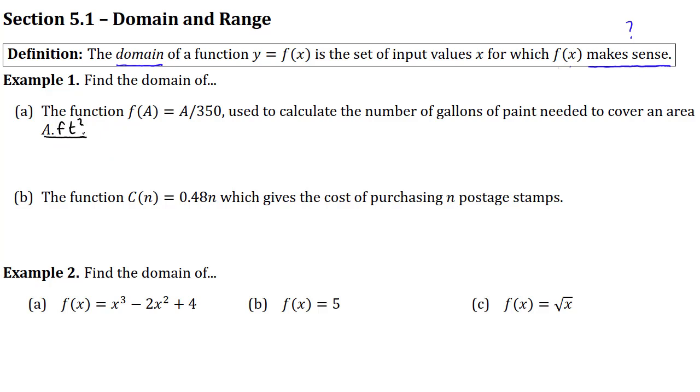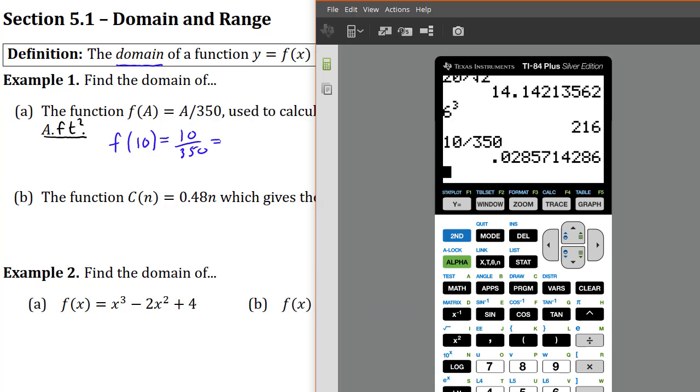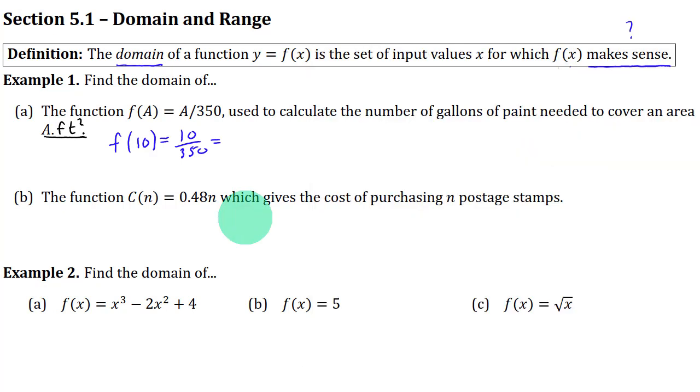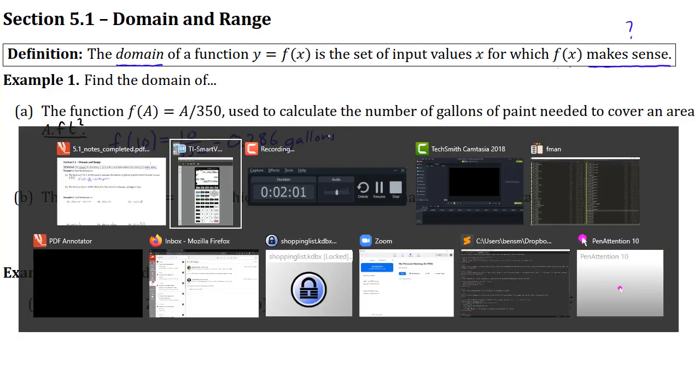You could find f of 10, so you want to cover 10 square feet. You just do 10 divided by 350, and you'll get a pretty small number, about 0.0286.